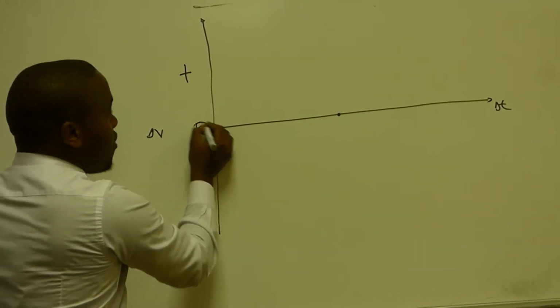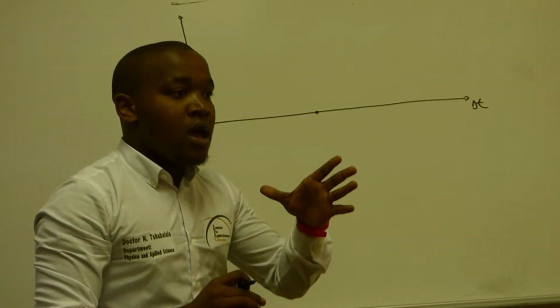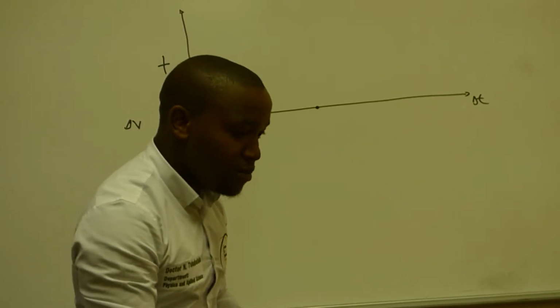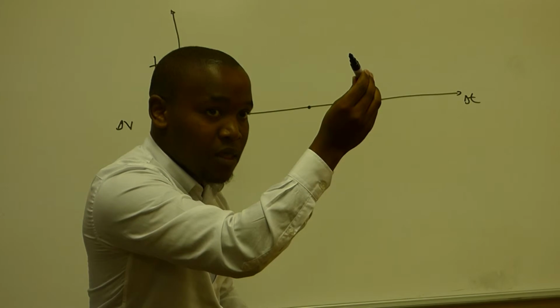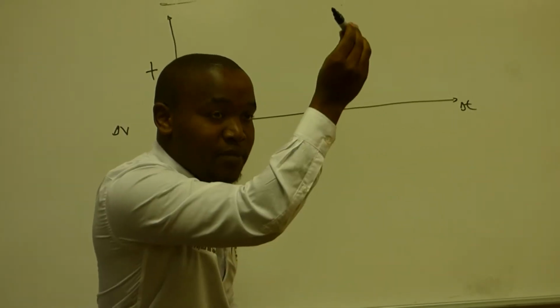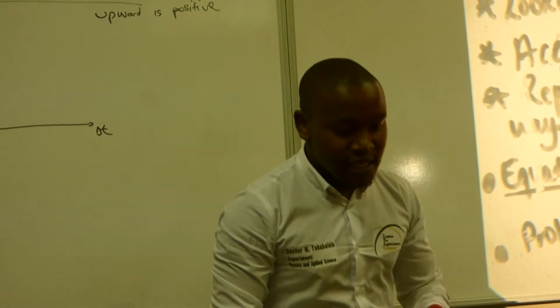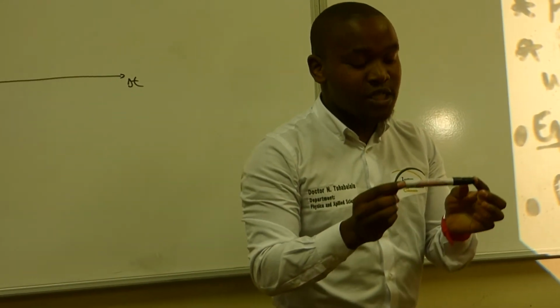And I said my upward is positive, meaning when I'm projecting the ball up, velocity is a vector. Whatever is going up will be denoted by positive. Let's say I started with a velocity of 2 meters per second.